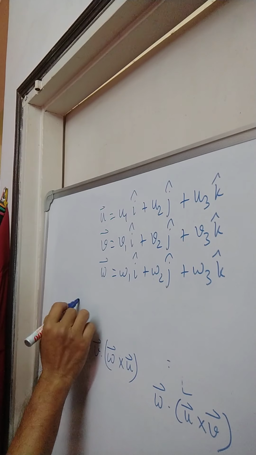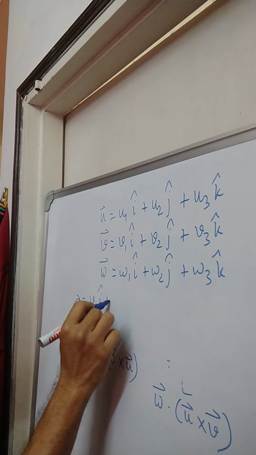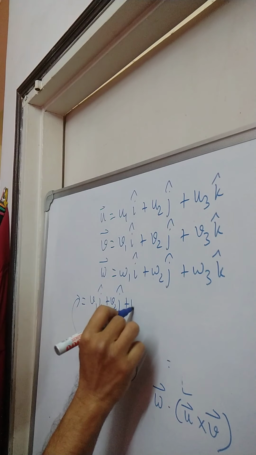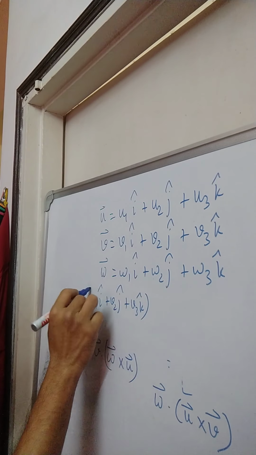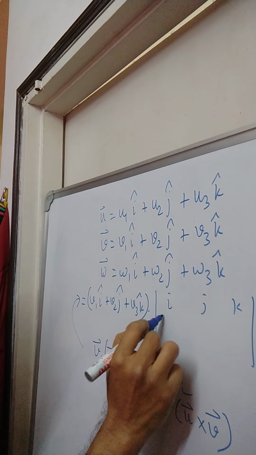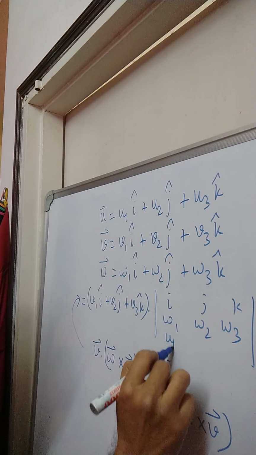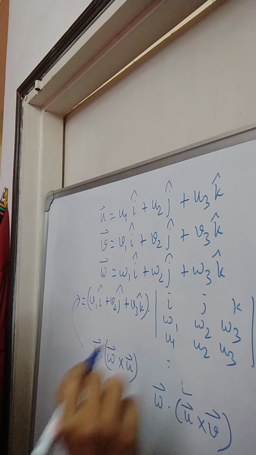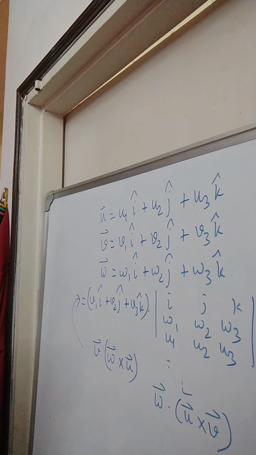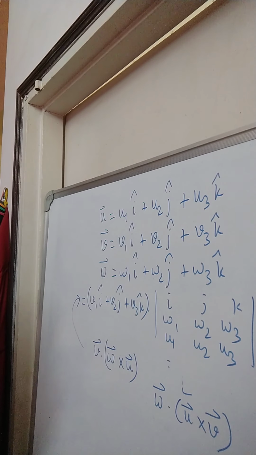What is this? V is V1 i cap, V2 j cap, V3 k cap, dot the determinant with rows i j k, W1 W2 W3, U1 U2 U3. So, obviously V1 V2 V3 will be replaced here. You can easily understand. And what is this?